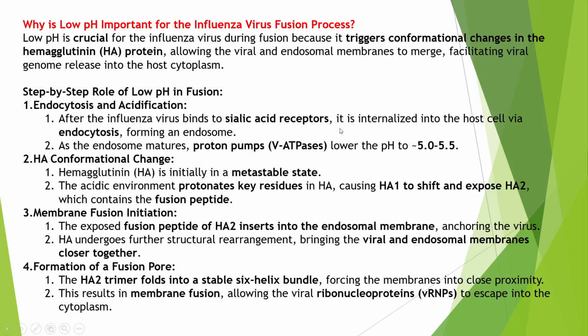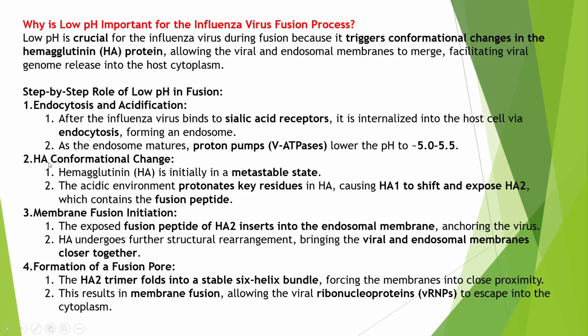So the pH goes from around 7, 7.2, 7.4 to 5 to 5.5. This happens when the endosome matures. So there is acidification, or lowering of the pH.